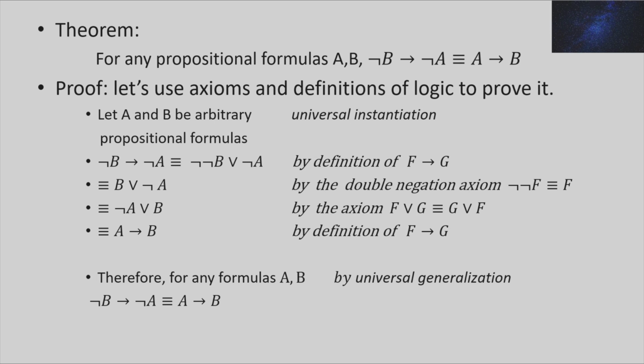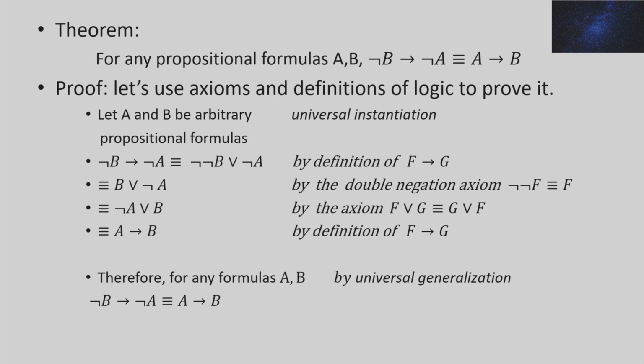For any propositional formulas A and B, not B implies not A is the same as A implies B. Yes, we did talk about it before. We did say that the contrapositive of an implication is equivalent to the implication itself. And I think we might have proved it by the exhaustive method, by looking at the truth table.